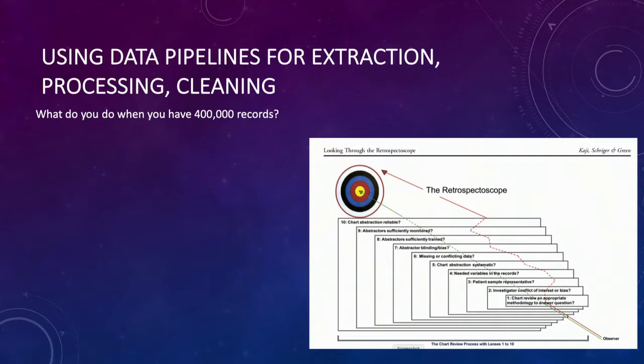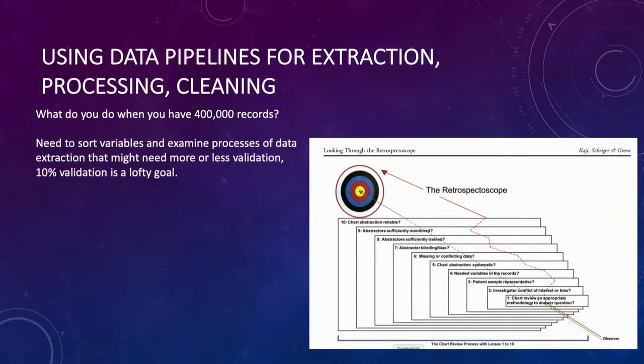I'm not here to take down or speak badly about this manuscript or these methods. They describe ways that retrospective data can create bias, so you have to be aware of issues like missingness.